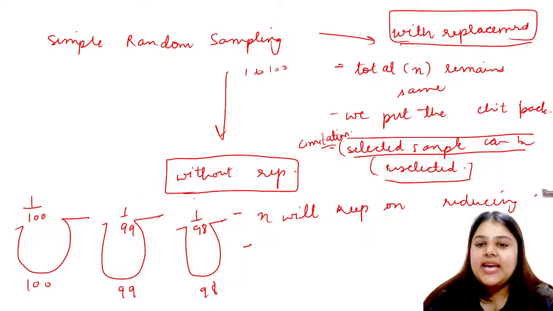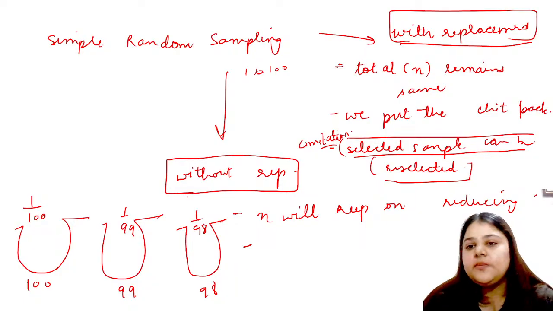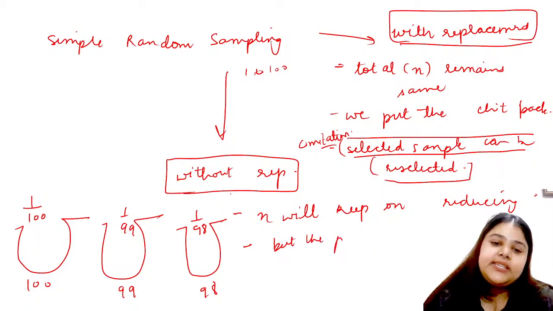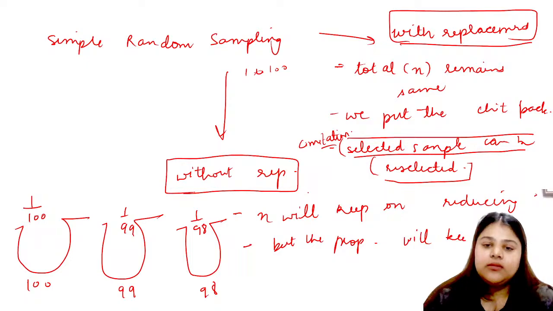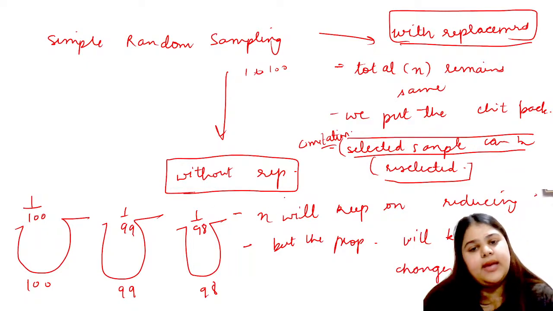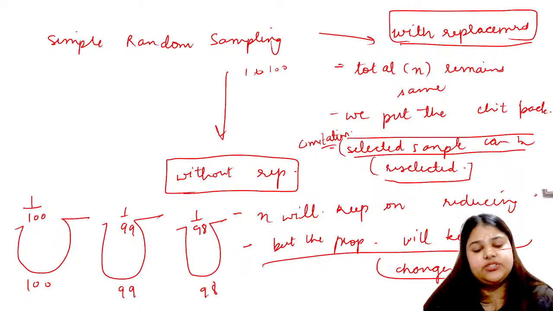So this is better. Why? Because one person will be selected only one time, but the probability will keep on changing. And that is its limitation.